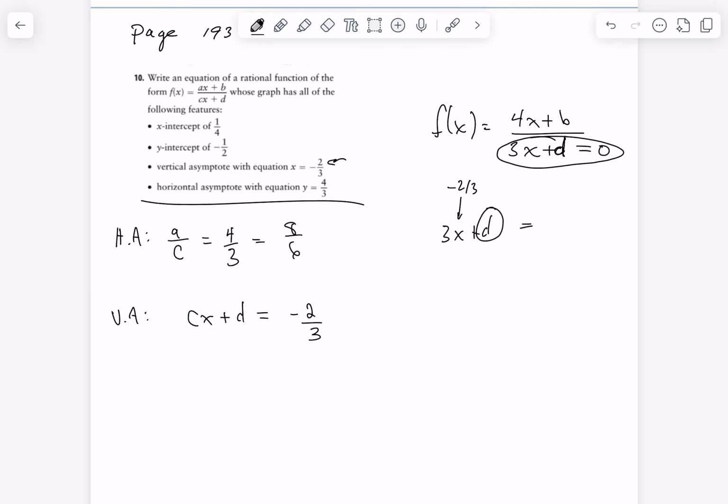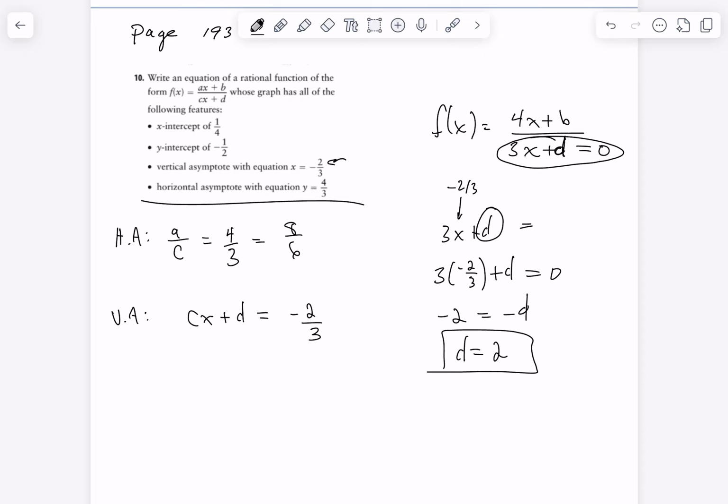And so what I can do is just input 3 times -2/3 plus d is going to equal 0, and I can solve for d. So I'm going to get -2 is going to equal -d, and so d is going to equal 2.